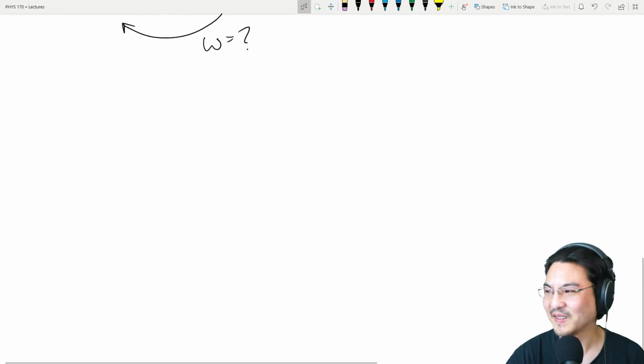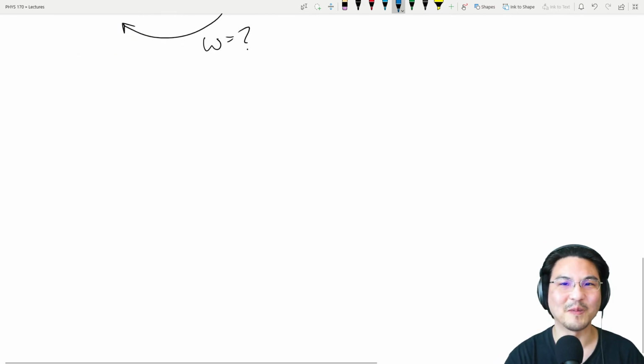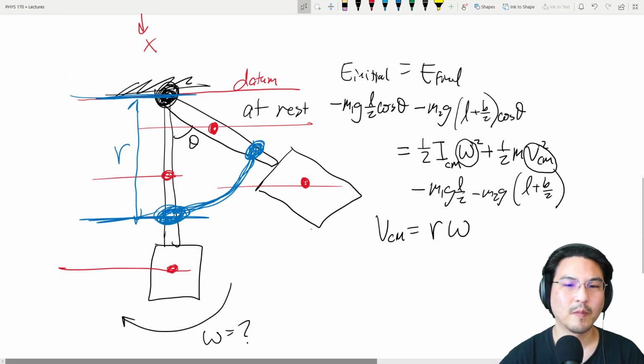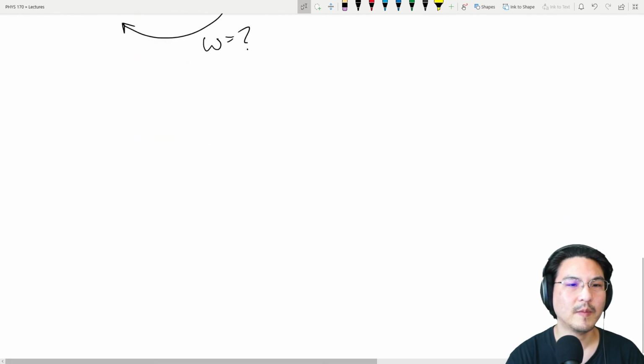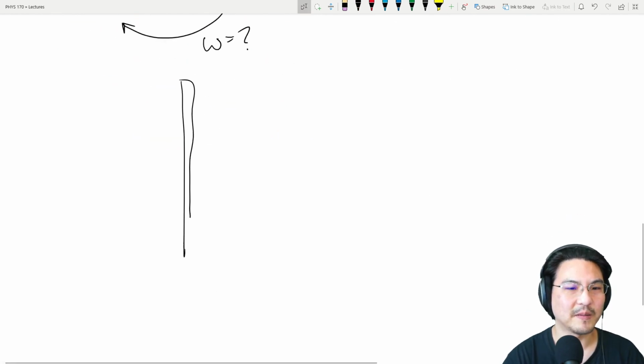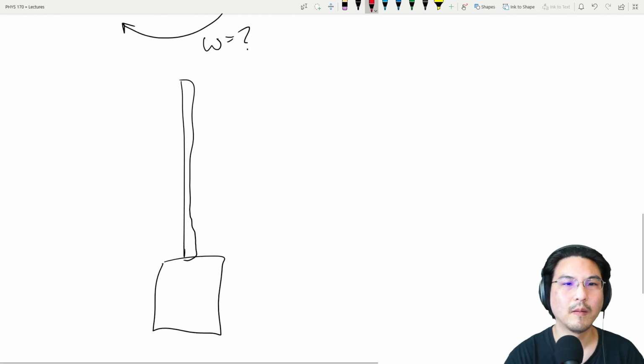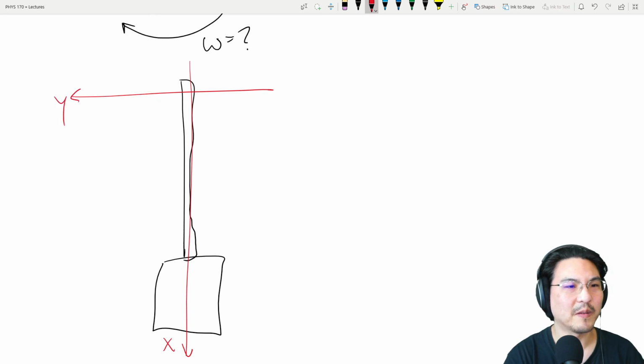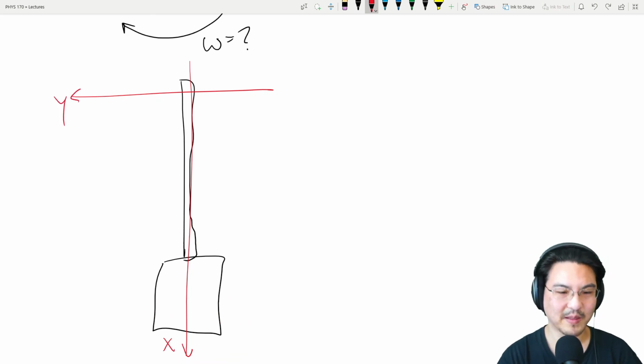So one last thing. So where is the center of mass of the pendulum? Okay, so if I call this way the x direction, then what's the x component of the center of mass?